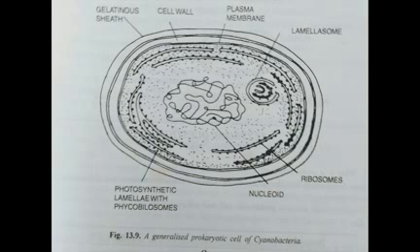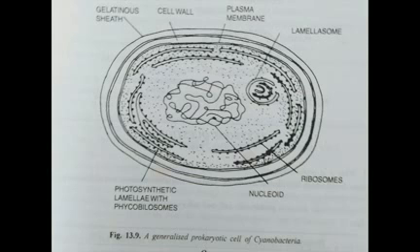In the same way, those cells that possess a nuclear membrane are called eukaryotic organisms, or simply eukaryotes. Clear?